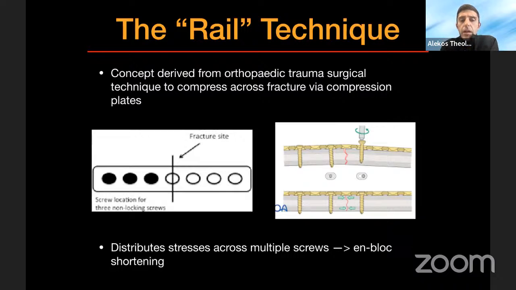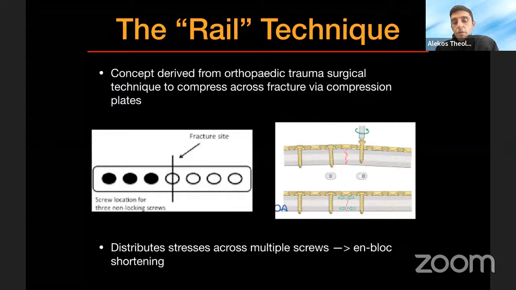You fix them proximally, or on one side, and then you place the other screws on the other side asymmetrically in the holes. As you bring down the screw, it pulls the plate and compresses. This distributes stresses across all the screws, so you have essentially an unblocked shortening of that entire left bone, and then it pulls over to the right side. That's essentially what I'm going to talk to you about in terms of the rail technique.